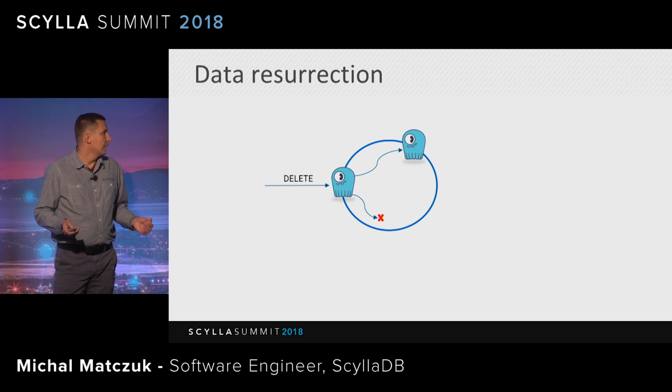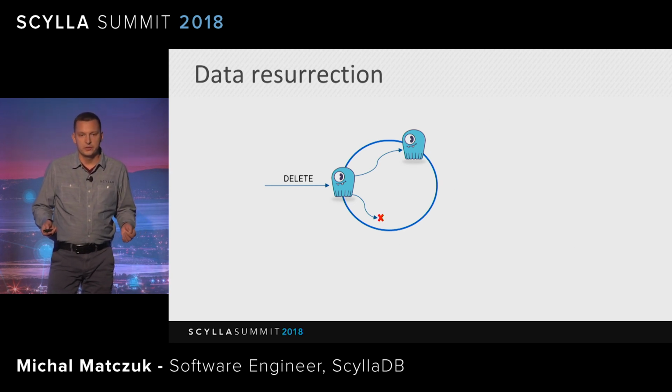And what happens here is that when the tombstone is propagated to 2 out of 3 replicas, the client is notified that the operation succeeded since quorum was reached. But the other node may never get the tombstone due to network partition or a myriad of other problems.